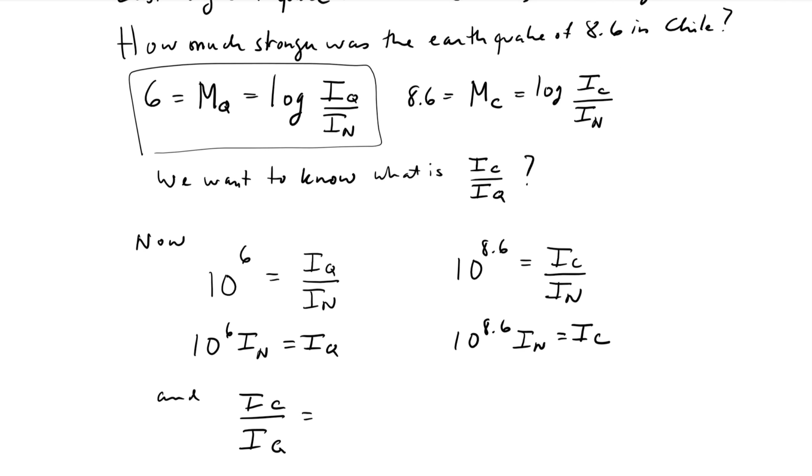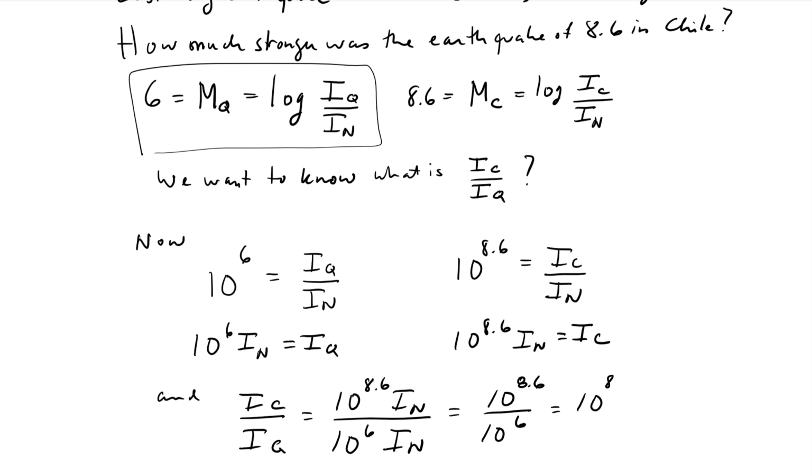So you see where this is going, and now I can look at IC over IQ. I replace IC by 10 to the 8.6 IN and divide this by 10 to the 6 IN. Of course IN over IN simplifies to 1. So this is 10 to the 8.6 over 10 to the 6, which is 10 to the 8.6 minus 6, so 10 to the 2.6.